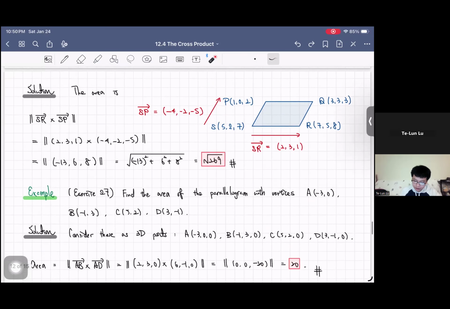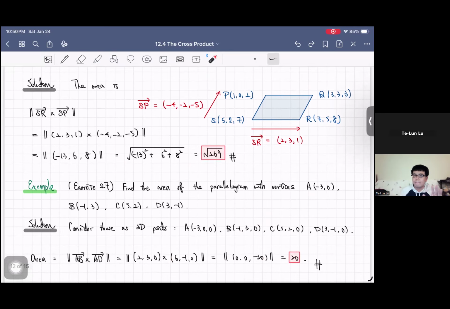Okay, now we can actually do the same thing for a two-dimensional parallelogram. But as I mentioned before, it is only natural to define a two-dimensional cross product. So how do we extend this definition to two dimensions? It is quite intuitive because a 2D plane, a two-dimensional Cartesian plane, is actually just a subspace of the three-dimensional coordinate system, right?